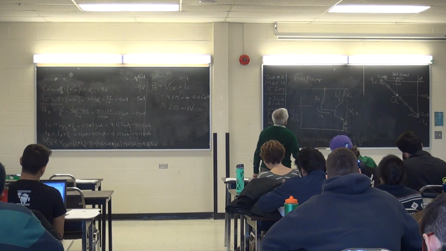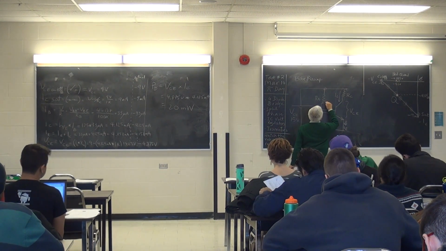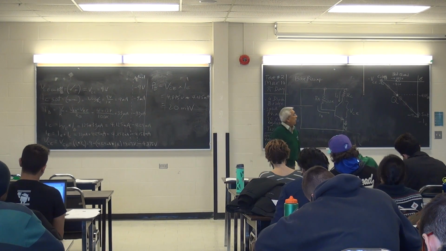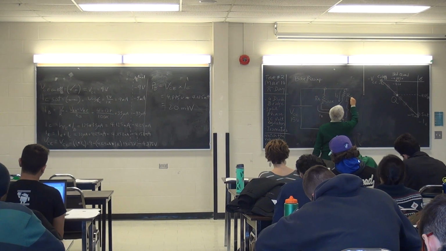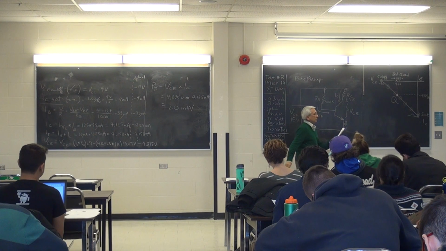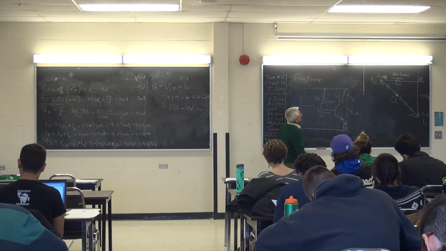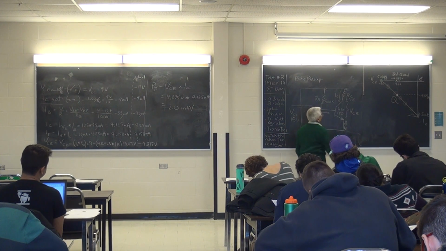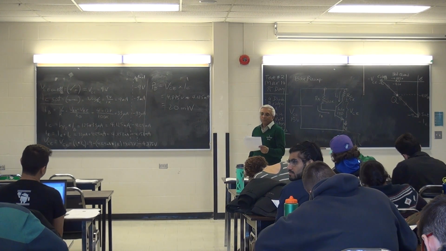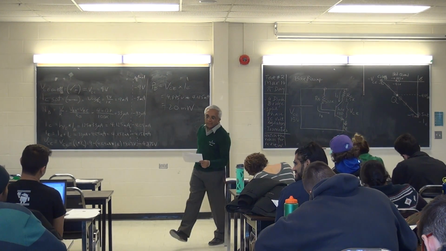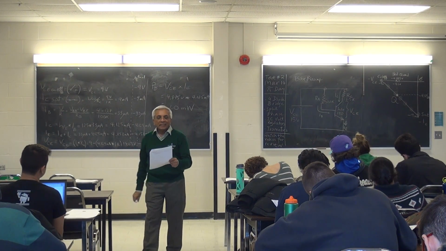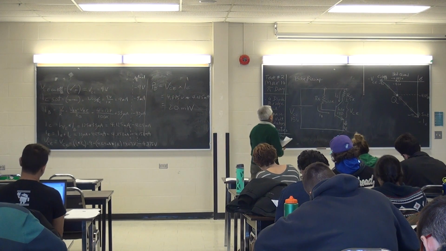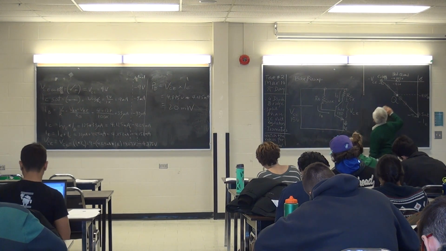RB, 500K. RC, 1.5K. HFE, 150. Draw the DC load line, calculate the Q point, the operating point of this circuit. Okay?